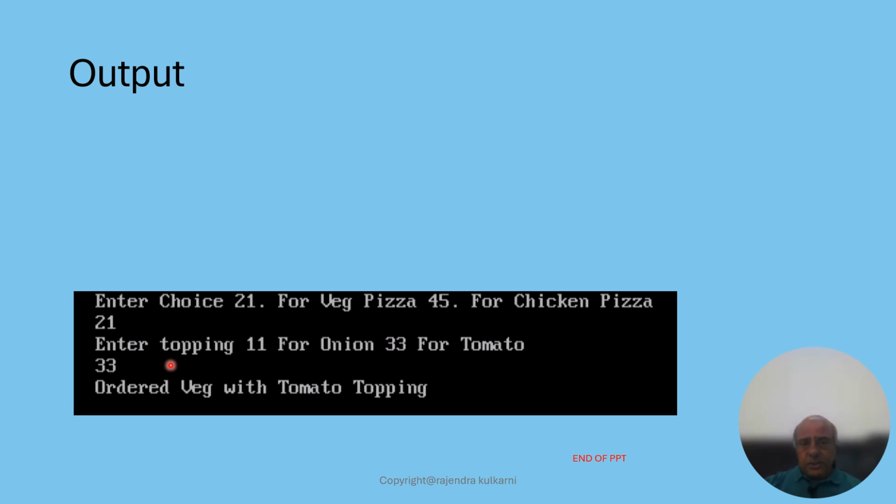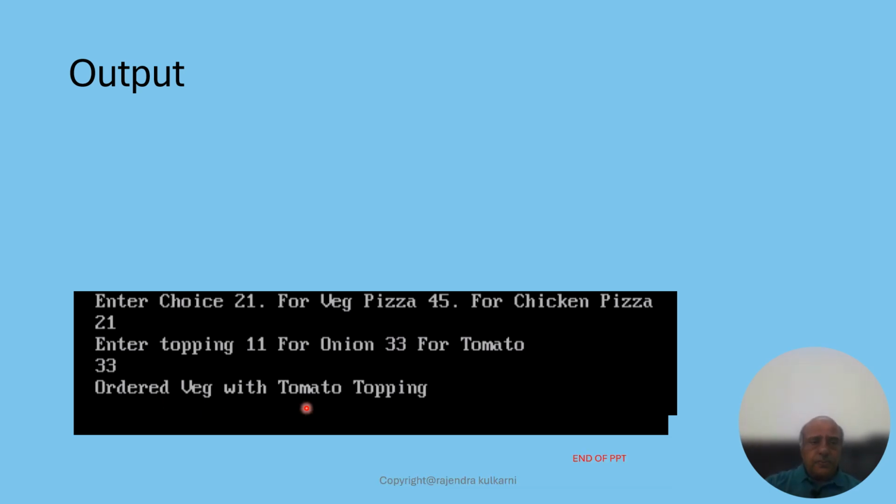It asked me to input my choice for toppings, 11 for onion and 33 for tomato. I entered 33. So the program output is ordered veg pizza with tomato topping.